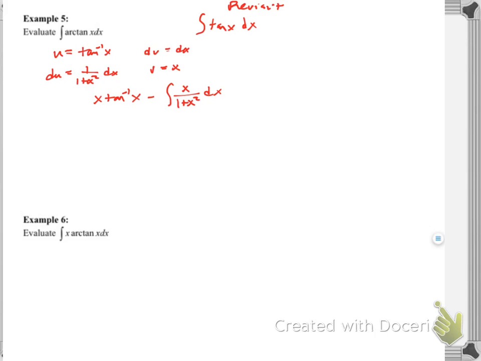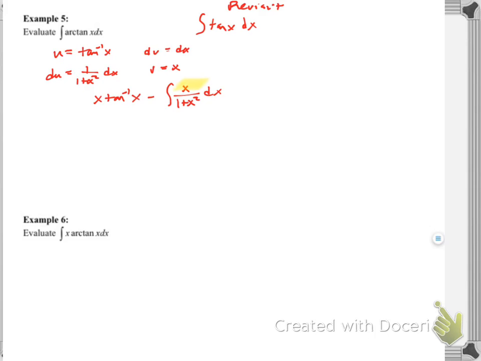That's a stopping point. We're interested in now, okay, what do I do with this? That last integral, I still have to be able to figure this out. If you look closely at that, there's a u substitution available there. If I make u the denominator, 1 plus x squared, its derivative is 2x.